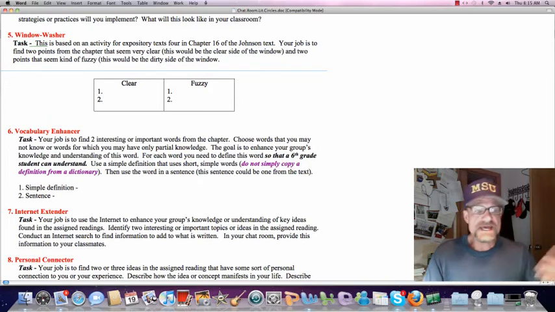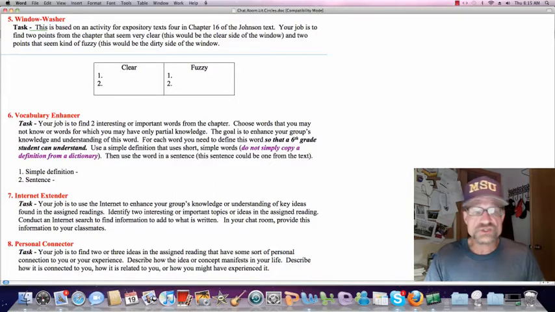Choose words that you may not know or words of which you have only partial knowledge. The goal is to enhance your group's understanding and knowledge of the word. For each word, define it such that a 6th grade student can understand. Use a simple definition that uses short, simple words. Do not simply copy and paste from a dictionary. All right? Simple definition and then put it in a sentence.